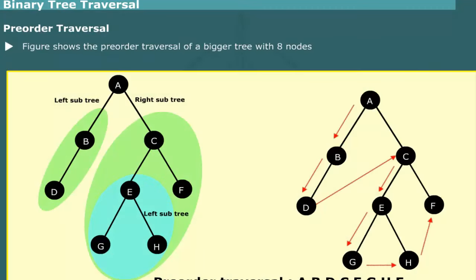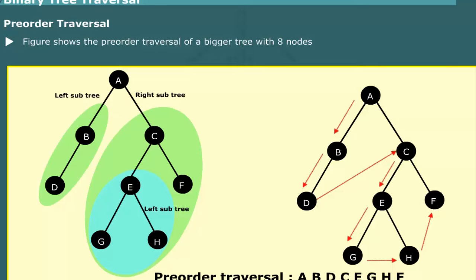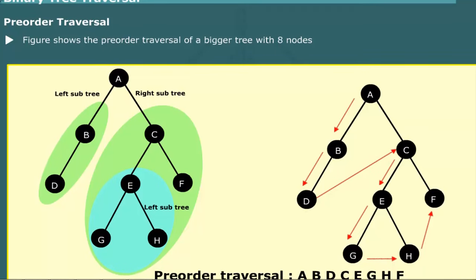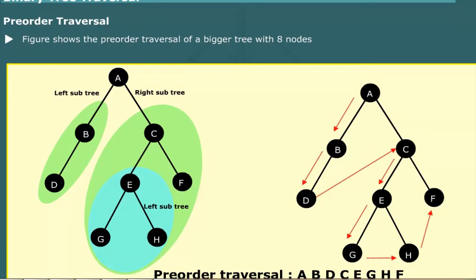This figure shows the preorder traversal of a bigger tree with 8 nodes. To traverse the tree in preorder, we start at the root node A. Then we traverse the 2 nodes B and D in the left subtree T1. Then we move to the right subtree T2, which contains a left subtree T3.